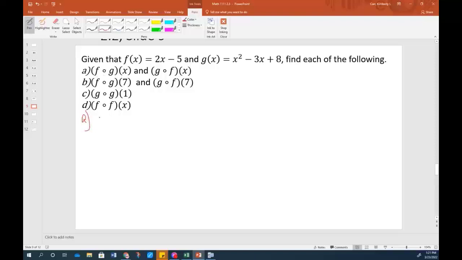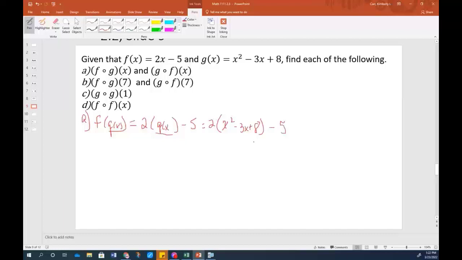f of g of x means f of g of x, and you can see then that g is the inside function. So g has to get plugged into f. So the outside function is f. f tells me 2 times something minus 5. The inside function then is where I'm going to put my g of x. But what is g of x? g of x is x squared minus 3x plus 8.